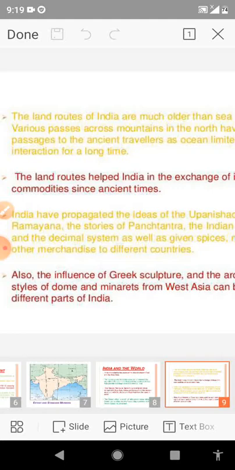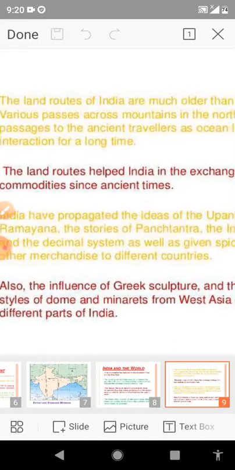In the north we have mountain ranges, and in between the ranges we get natural routes across the mountains, and these natural routes are known as passes. These passes and also the marine routes played a significant role in maintaining trade and cultural relationship with other countries of the world since time immemorial.